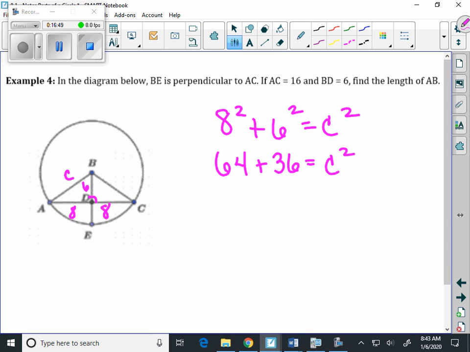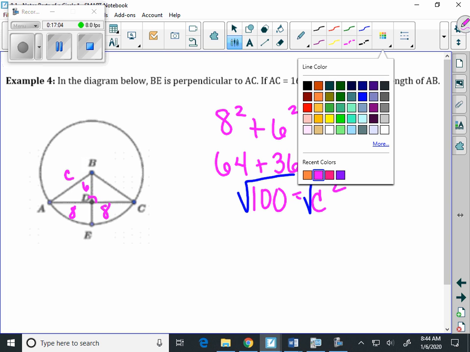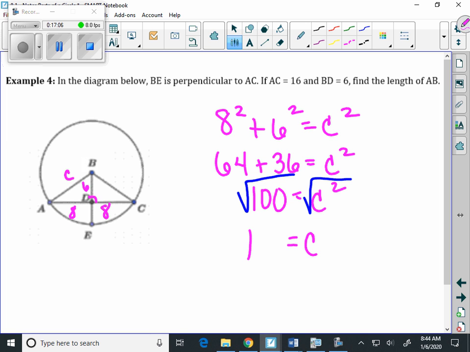And 64 plus 36 is 100 equals C squared. And again, use Desmos if you need to. Use your calculator if you need to. But we're going to take the square root of both sides to find our length here, which I called C. But ultimately what we were really looking for is the length of AB.